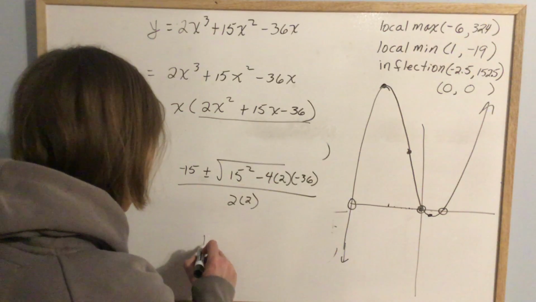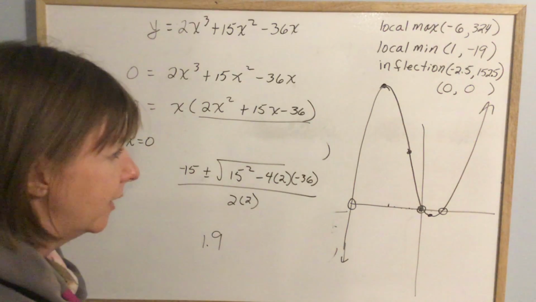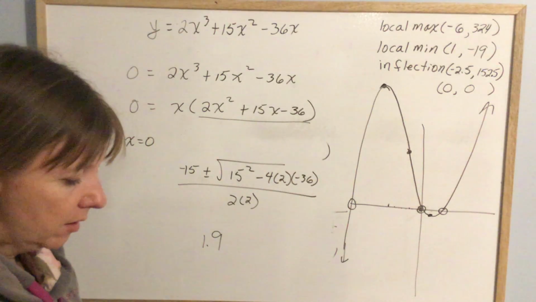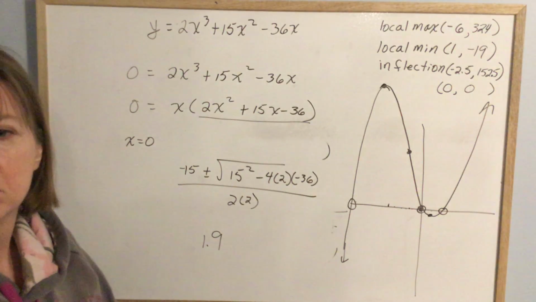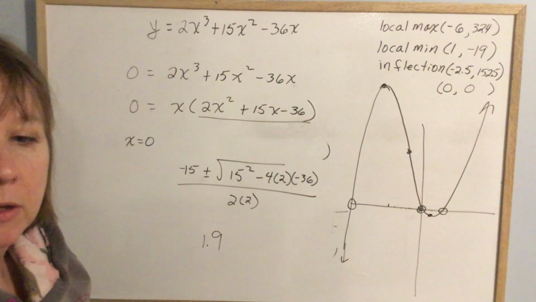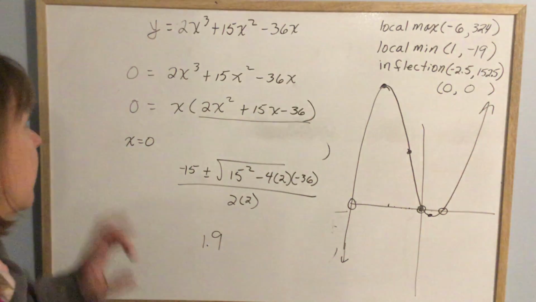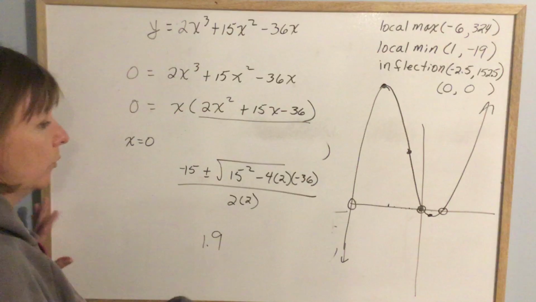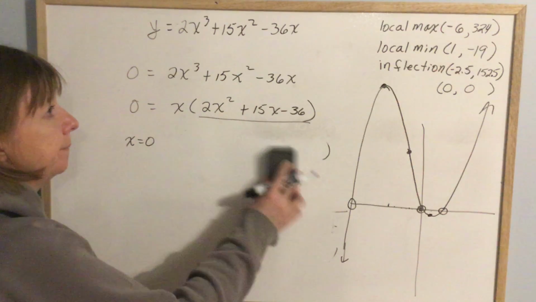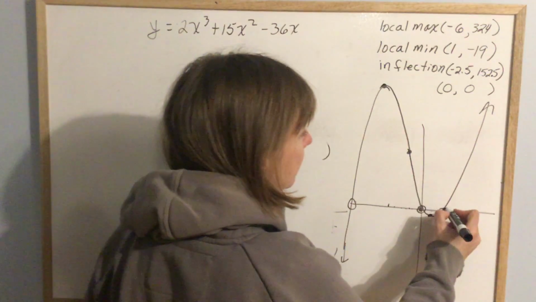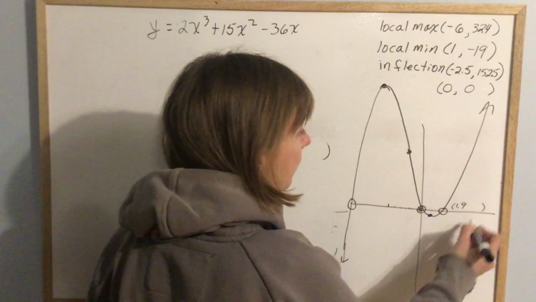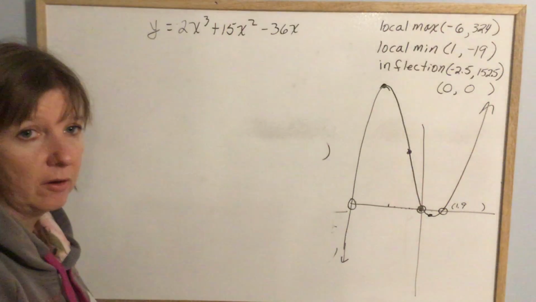Yeah, see, it works out to be 1.9. And that's not really something that I'm going to figure out, right? So don't worry about that so much. So it crossed the 0 line where x was 1.9, and I could have figured out the second one.